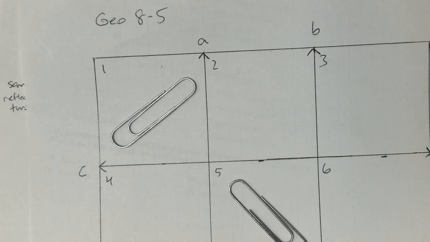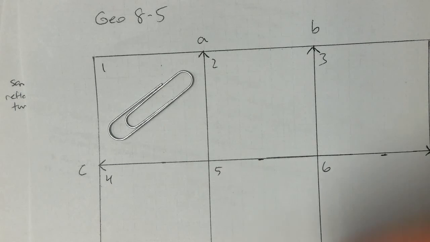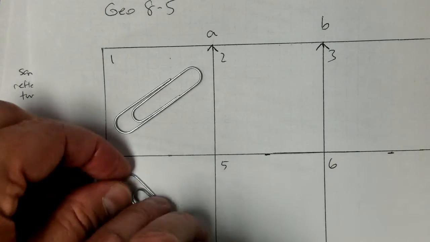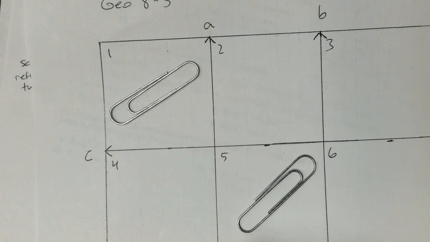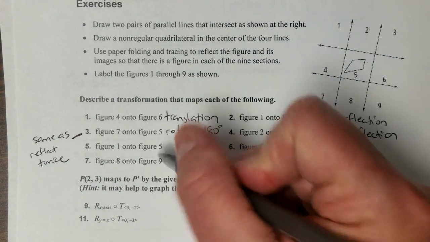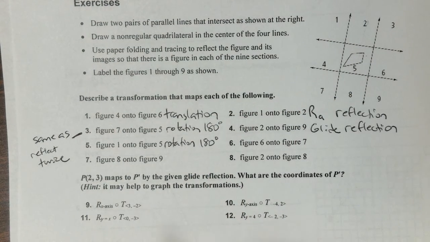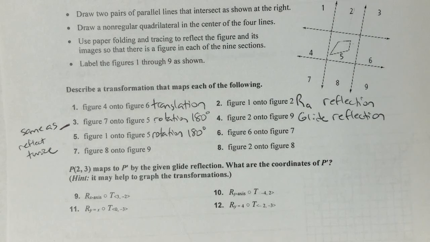Let me pause this for a second. Okay, so what you can do is reflect across it this way, and then reflect across again, and that ends up being the equivalent of a 180 rotation. So over here you're going to have rotation 180, which was the same as reflect twice. Any questions?